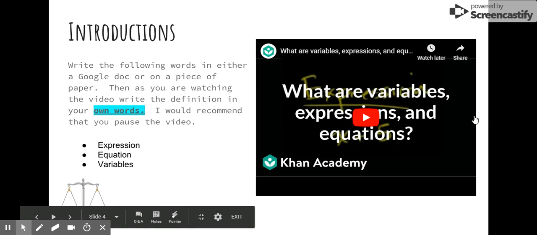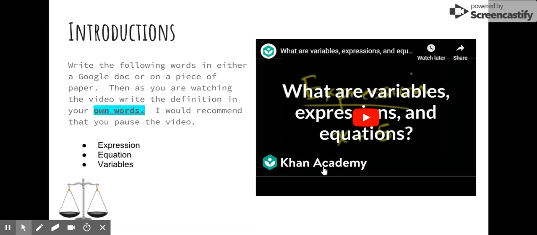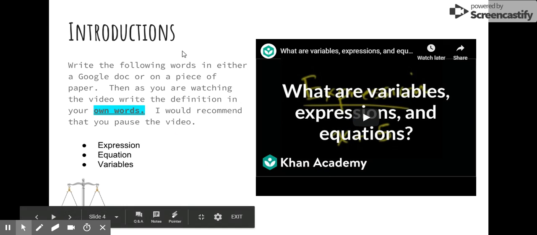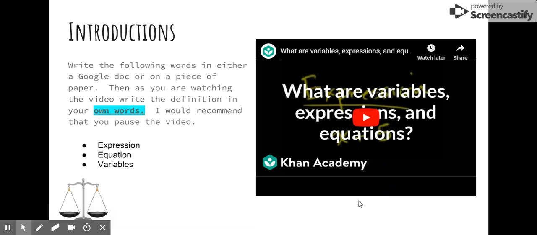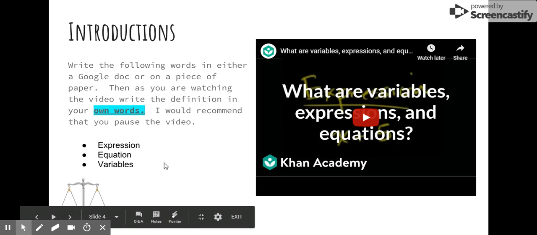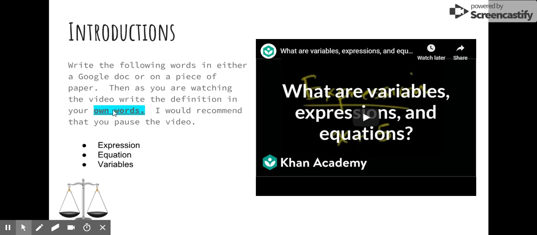And I have a resource from Khan Academy here. What I would do is pause my lecture, play the video, and always make sure you're writing down the vocabulary word and the definition in your own words. You can either do that on a Google Doc, a piece of paper, or within this PowerPoint since everyone has a copy.